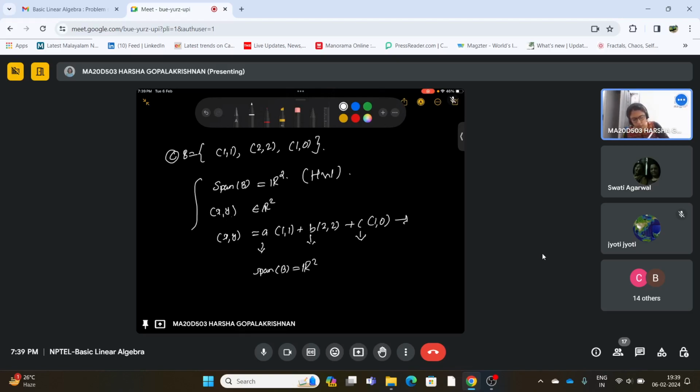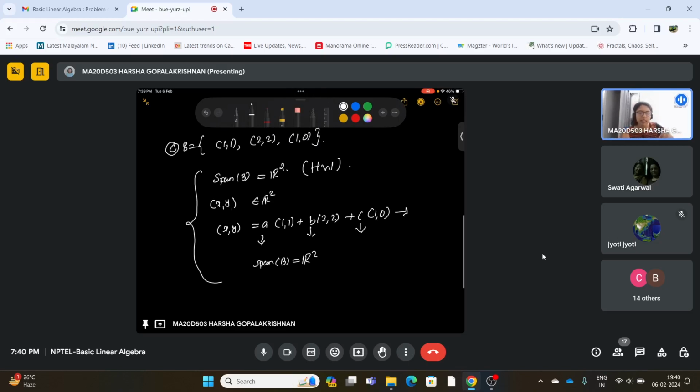Actually this is true. This is what I want you to check. But still it is not a basis. Span B equal to R2, but it is not a basis. What is the reason it is not a basis?